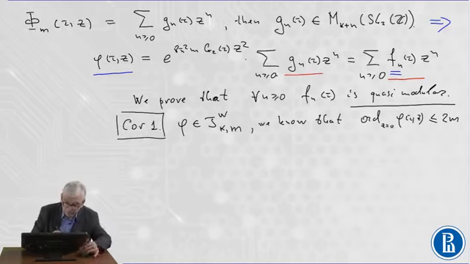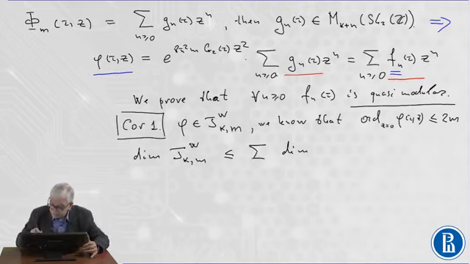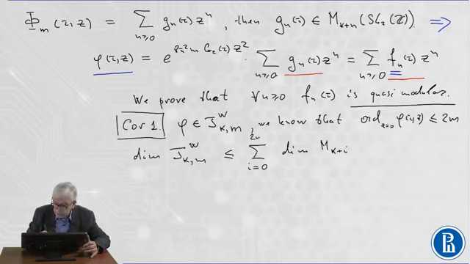So we have the following inequality for the dimension of the space of weak Jacobi forms: smaller or equal to the sum of the dimensions of the space M_{k+e}, the summation from 0 to 2m.